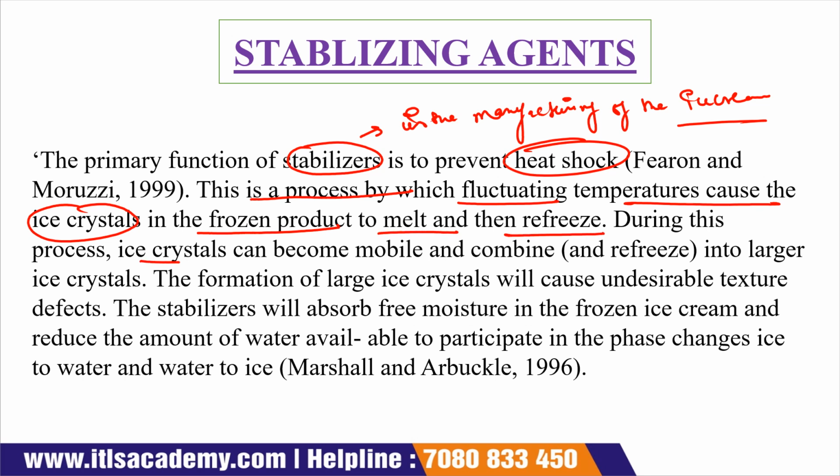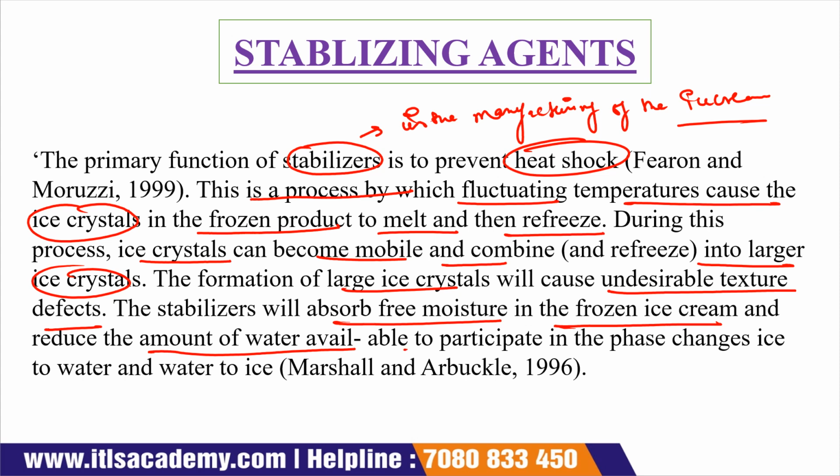During this process, ice crystals can become mobile and combine into larger ice crystals, and this formation of larger ice crystals causes an undesirable texture defect. The stabilizer will absorb free moisture content in the frozen ice cream, and it reduces the amount of water available to participate in a phase change, ice to water and water to ice.